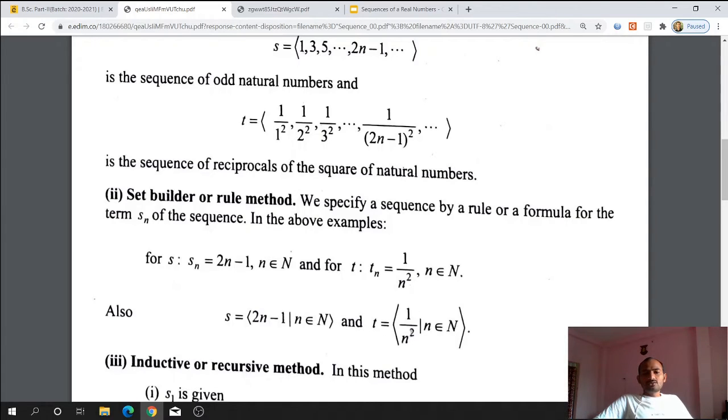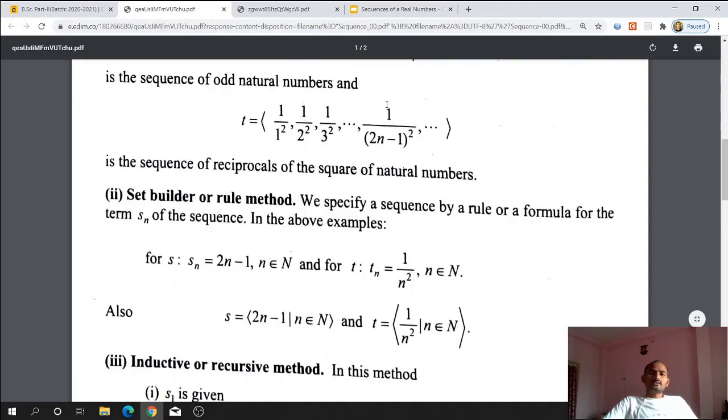Let T be equal to ⟨1 upon n square⟩ such that n belongs to N. So n belongs to N means what? n takes the values of the set of natural numbers, and the values of n are 1, 2, and so on up to infinity. So this sequence is again an infinite sequence, and this is the same as that of the earlier T. The only matter is that the writing method for the sequence is different.